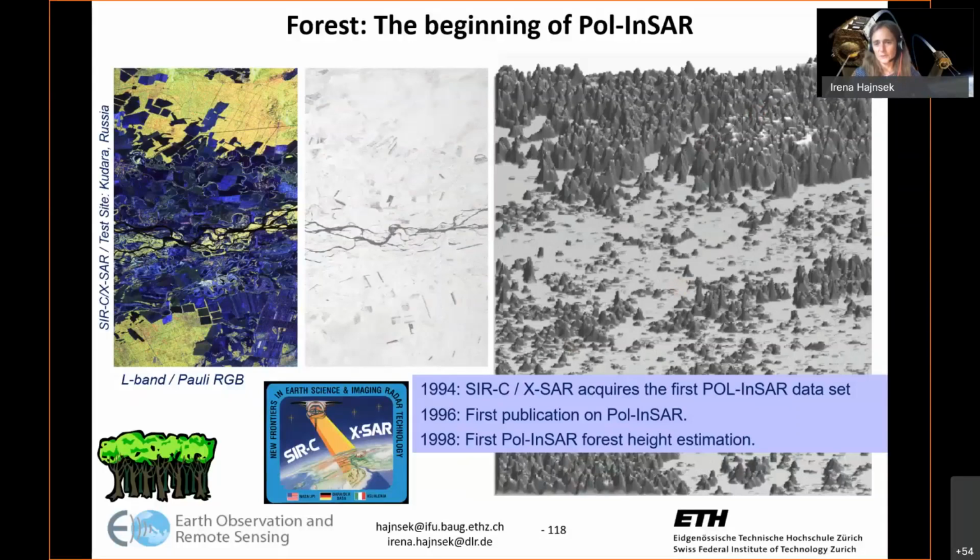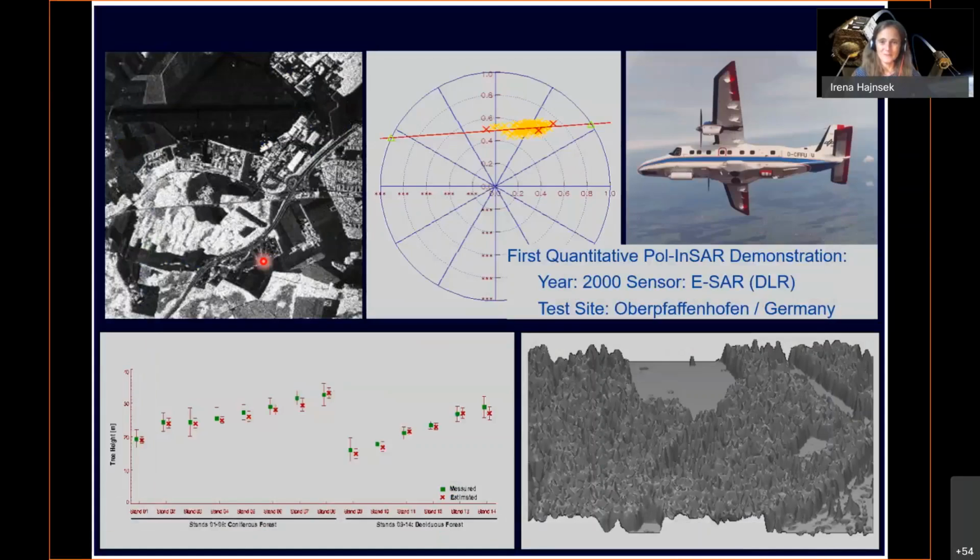Okay, then the model started to be implemented slowly with a line fit model that you see here. This was done again on this DLR side that you see here, where the airborne system acquired some data in 2000, and the main first validation was done with people who went out and made height measurements with a triangulation on the ground.